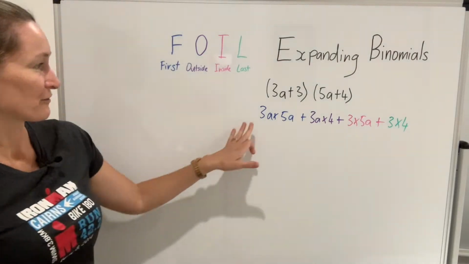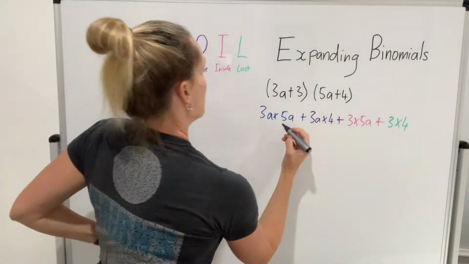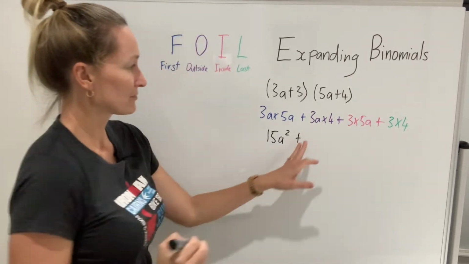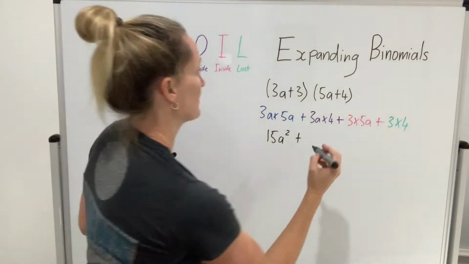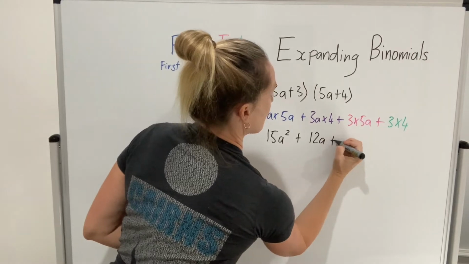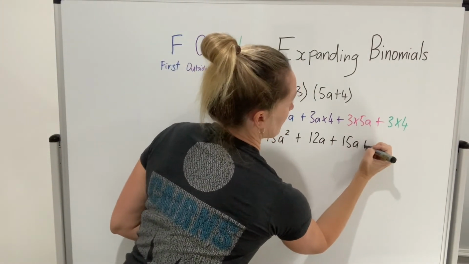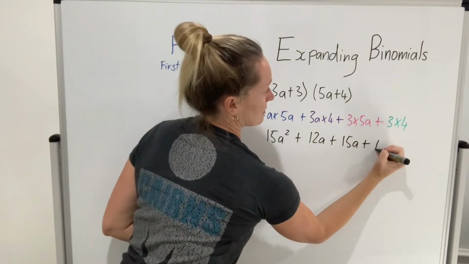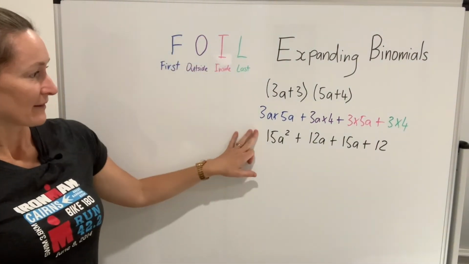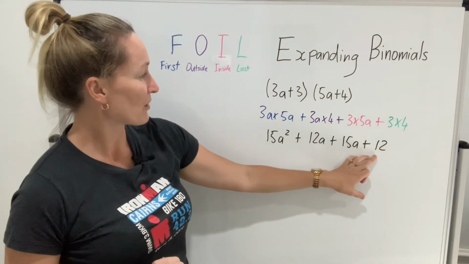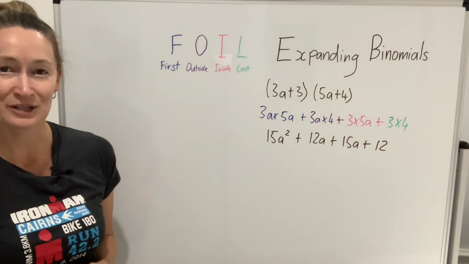Okay, from there you would have done the multiplication, so we would have 15a to the power of 2 plus 12a plus 15a plus 12.